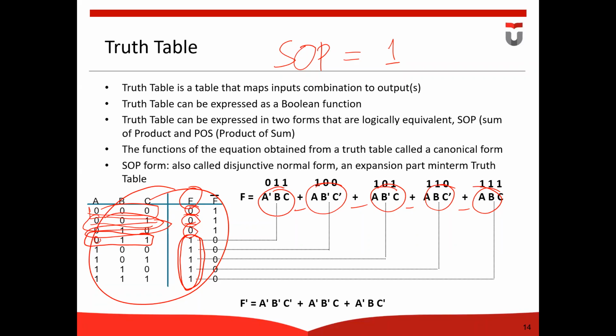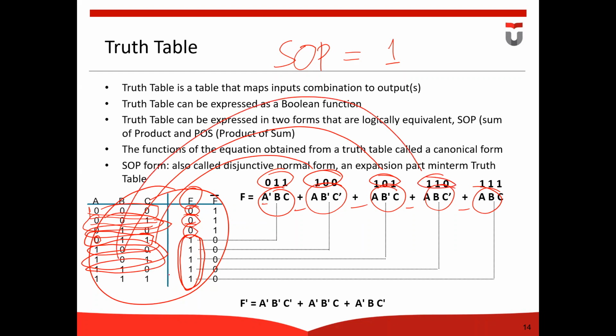This is 0, 1, 1, and then 1, 0, 0, and then 1, 0, 1, and then 1, 1, 0, and then the last one is 1, 1, 1.